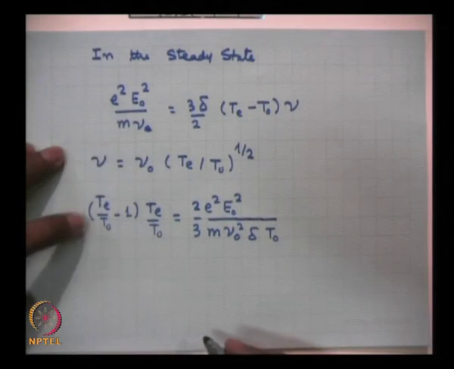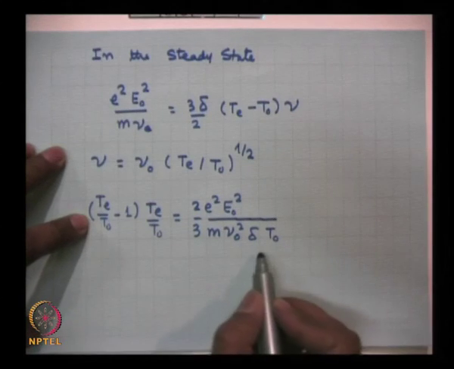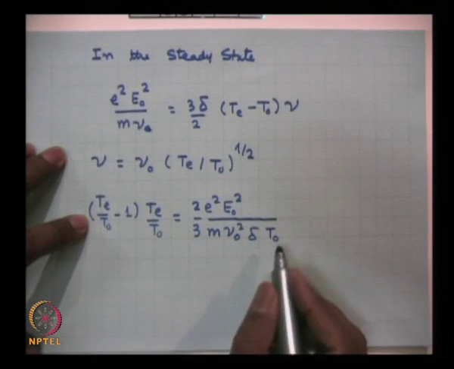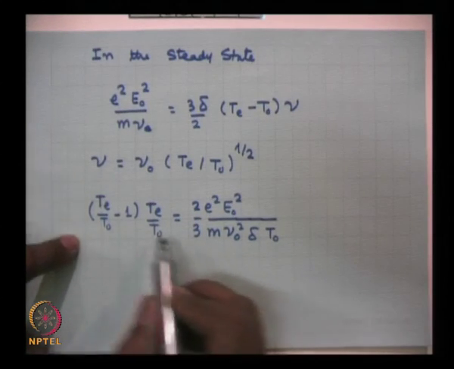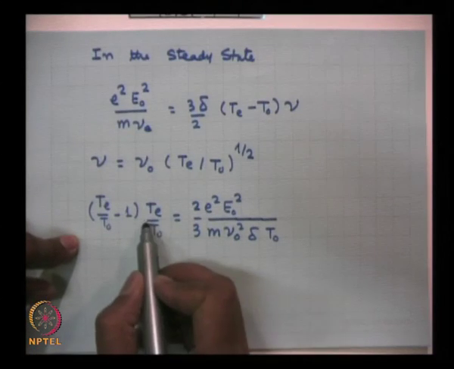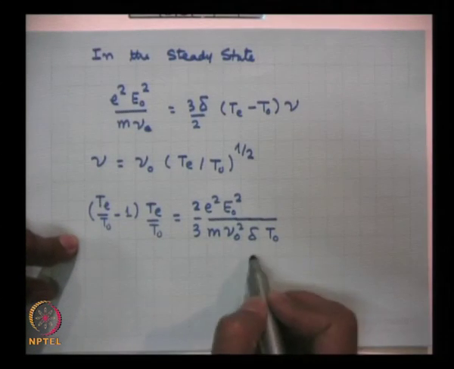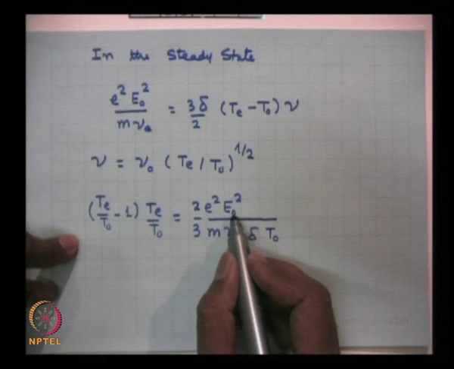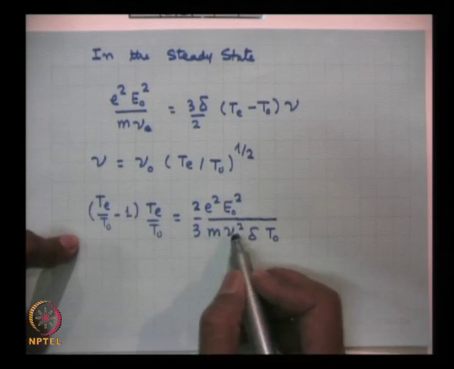This equation can be recast in this form, and one can see here that the left hand side is dimensionless, and hence the right hand side should also be dimensionless, meaning the coefficient of E0 square should have the dimension of 1 upon E square.